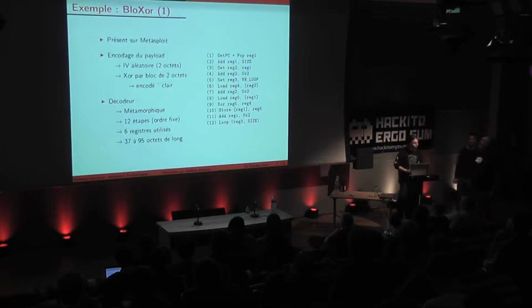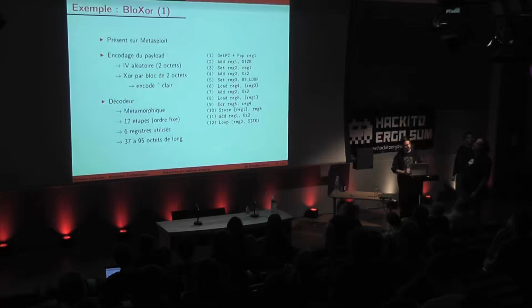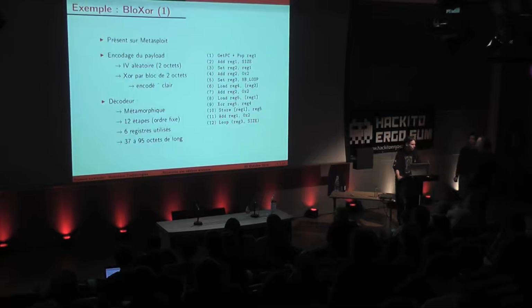Then every other two bytes of the shellcode are XORed with the previous two bytes already encoded. Then a decoder is put before the shellcode, so that when it is executed, the decoder decodes the shellcode and then executes it. The decoder contains 12 steps.